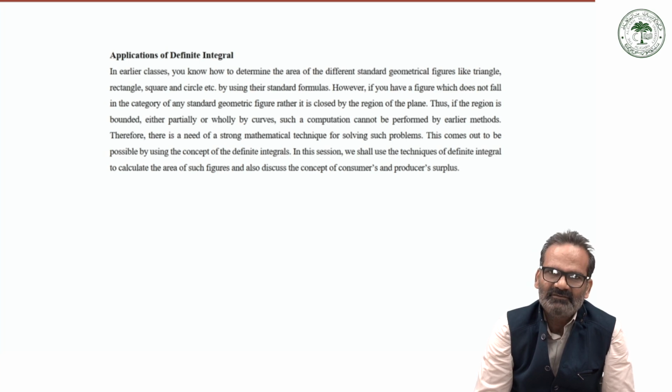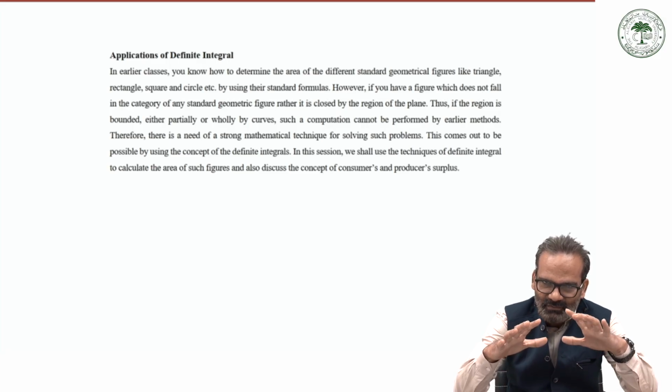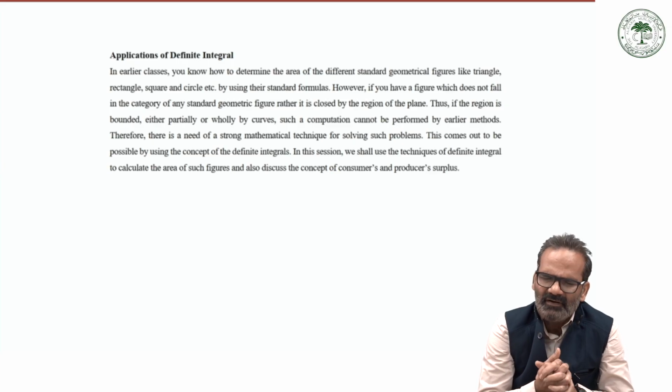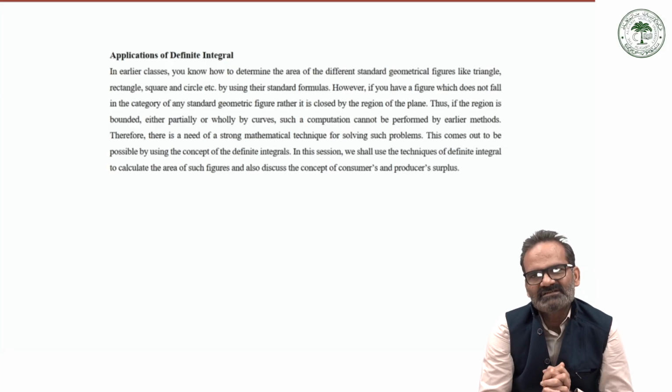So in this session we will use the various techniques of the definite integrals to find the area of such figures, meaning figures formed by using any specified curve. Further, we will extend the applications of the definite integrals to determine the consumers' and producers' surplus.